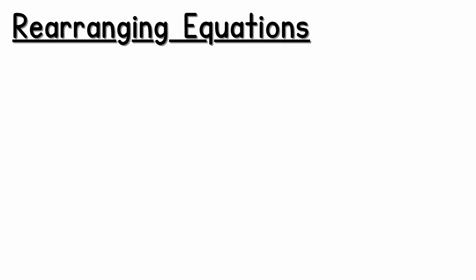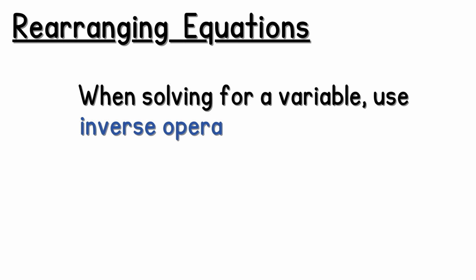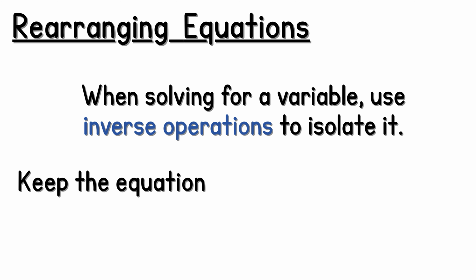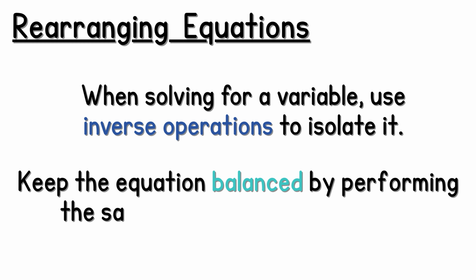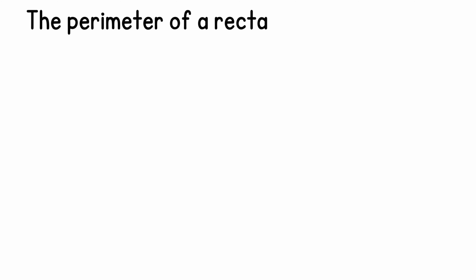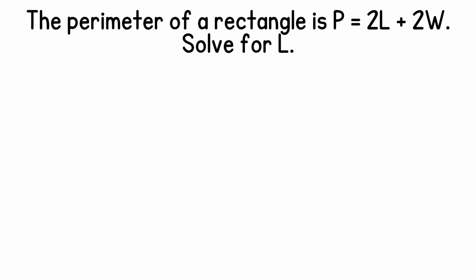Let's look a little more at rearranging equations. When solving for a variable, we can use inverse operations to isolate it. And we'll keep the equation balanced by performing the same operation on both sides. Let's look at an example. The perimeter of a rectangle is P equals 2L plus 2W. We'll solve for L. So we'll take the given equation of P equals 2L plus 2W and solve for L by isolating it.